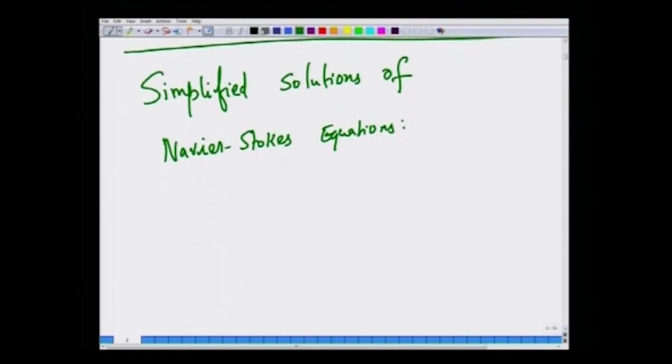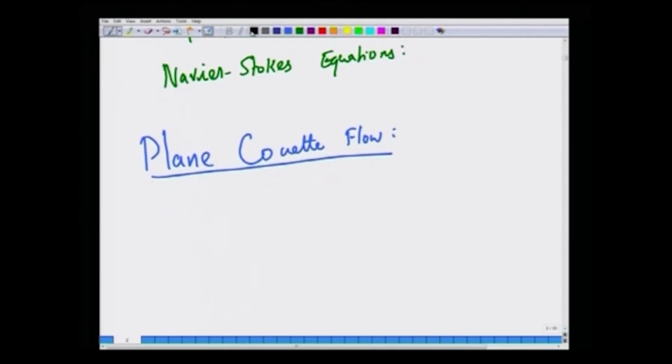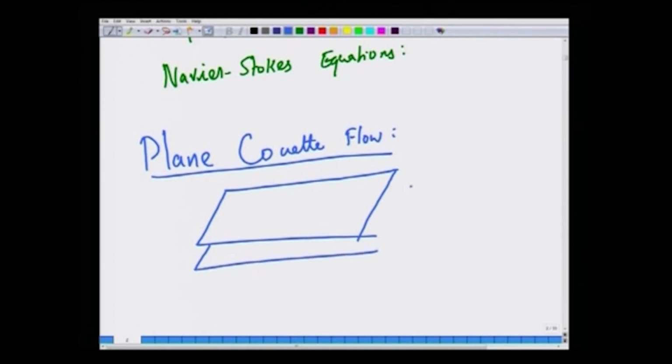Let us imagine the very first problem that we are going to do is what is called the plane Couette flow. Plane Couette. Couette is the name of the person who analyzed it first. Plane refers to the geometry of the flow. Imagine having two long plates that are separated by a distance h.